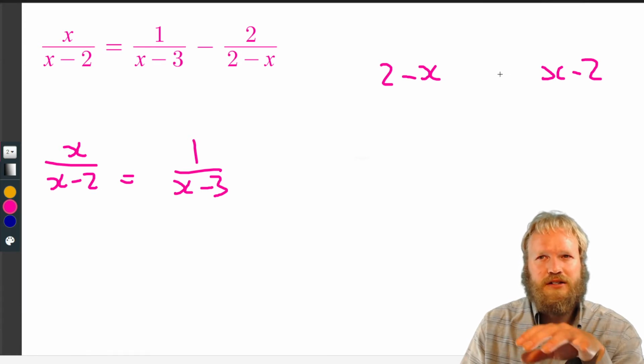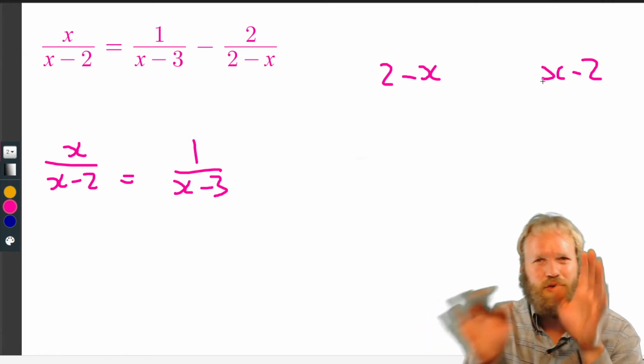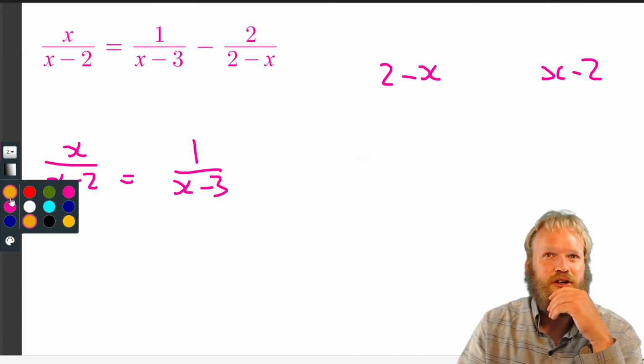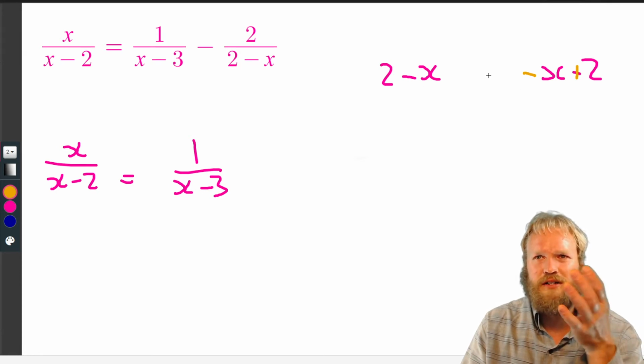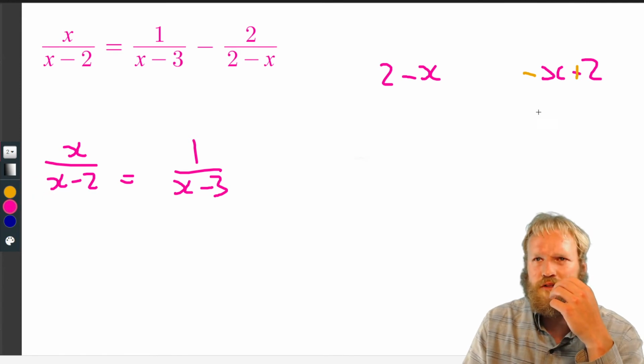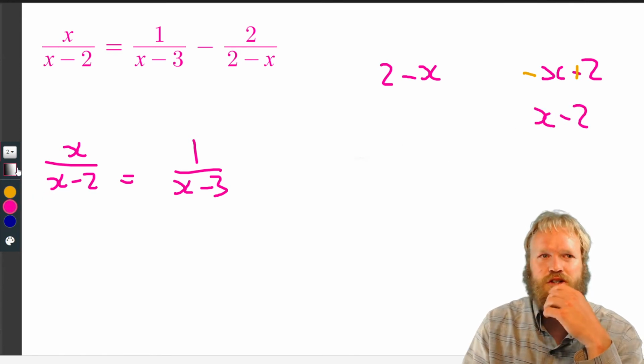That's a negative x, and that's a positive x. So it's like they're all the wrong sign. If we could make this a negative and that a positive, then it would be the same, right? 2 minus x, positive 2 minus x.